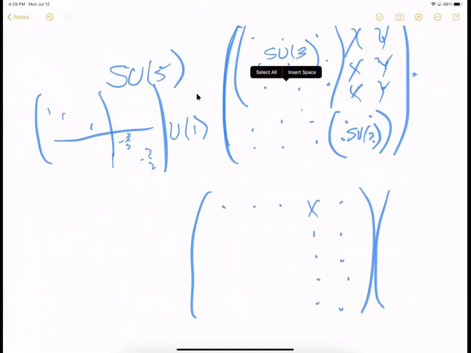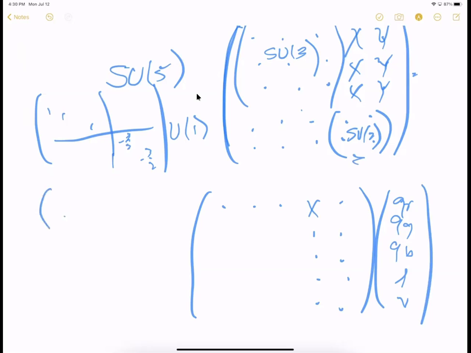Well, the SU3 acts on quarks, so you've got a red, green, and a blue quark of some sort. And then you've got a lepton and lepton neutrino as a doublet that the SU2 acts on. But then if you take the conjugate, Q bar, Q bar, Q bar with an L bar, neutrino bar over here, that would be a typical interaction for this.